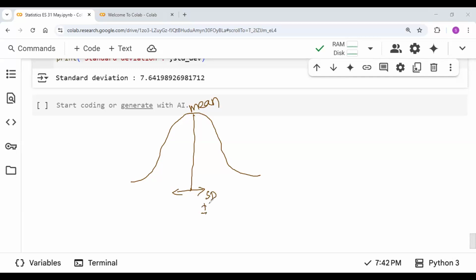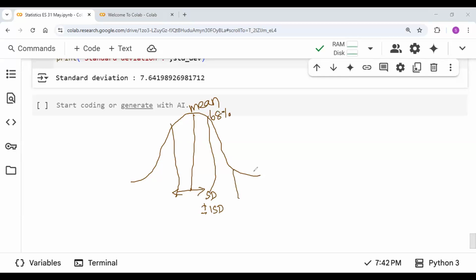Plus or minus 1 standard deviation from the mean is going to cover about 68% of your data. This is the basic thumb rule, guys.